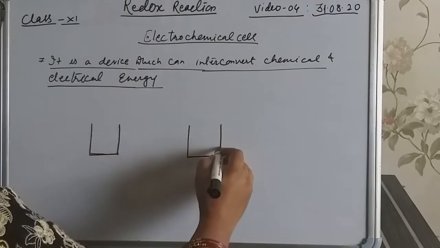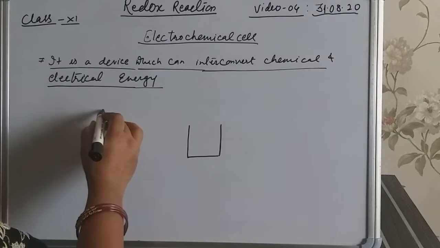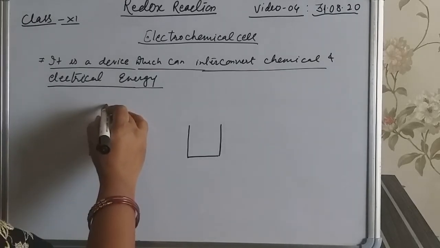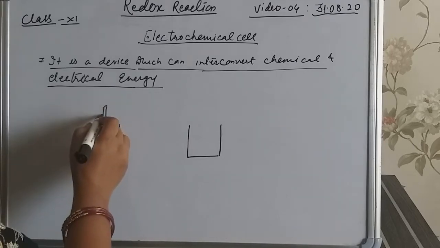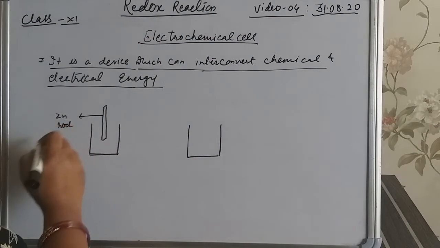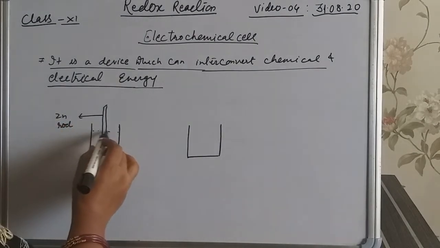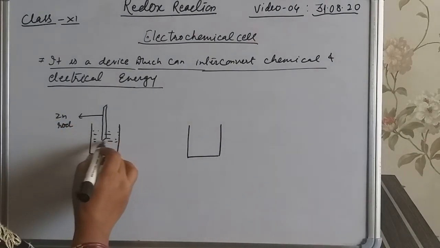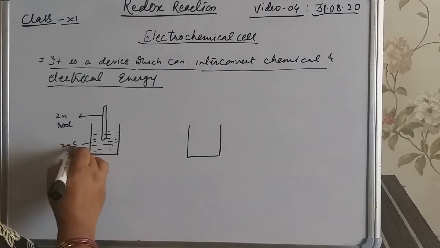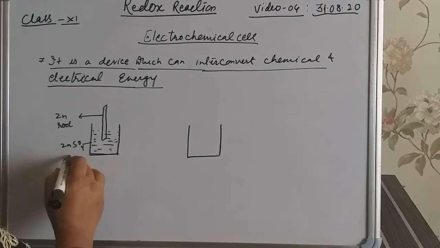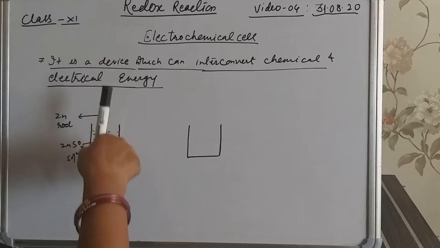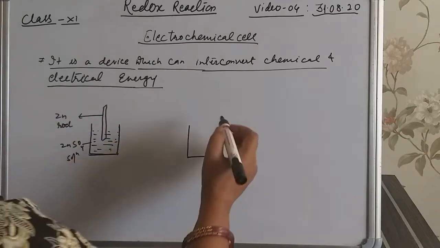The electrode is placed in each electrolytic cell, and suppose it is a zinc rod or zinc plate, dipped into its own solution.